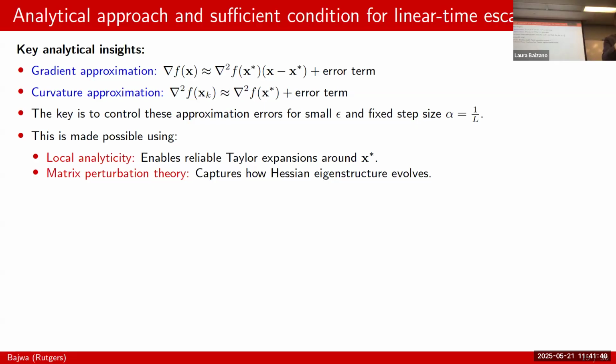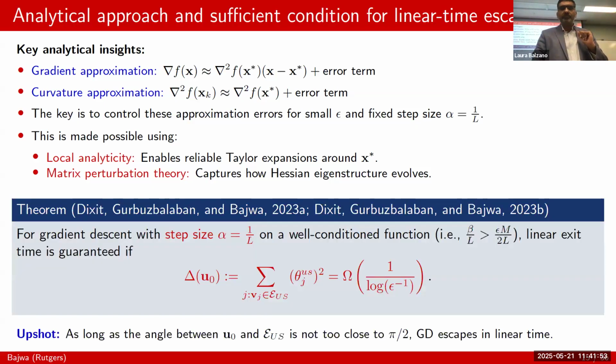And when epsilon is small enough, that approximation error can be controlled very well. So that's sort of like the upshot. And now we can do this to give you a sufficient condition also. The sufficient condition is that as long as the cosine square of the angle is bigger than 1 over log epsilon inverse, right?